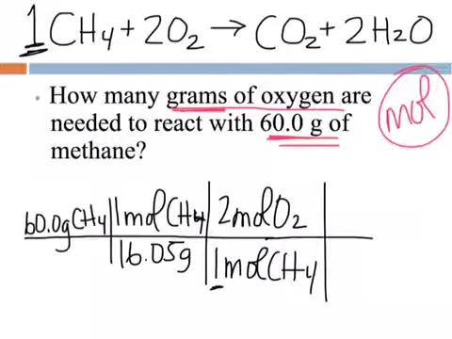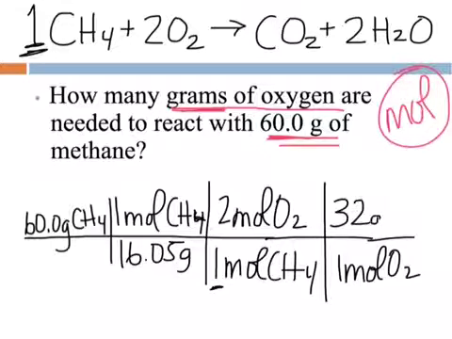I'd be done if the question was asking for moles of oxygen gas, but it's not, so I need to convert this. For every 1 mole of O2, there are 32 grams of O2, and that comes right from the periodic table. So you get the top, multiply, multiply, multiply, multiply, divide, divide, divide, and you should end up with a number that I don't actually have calculated.